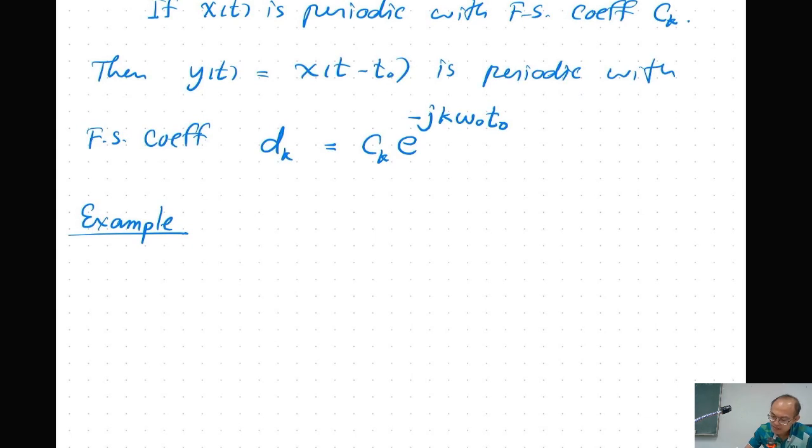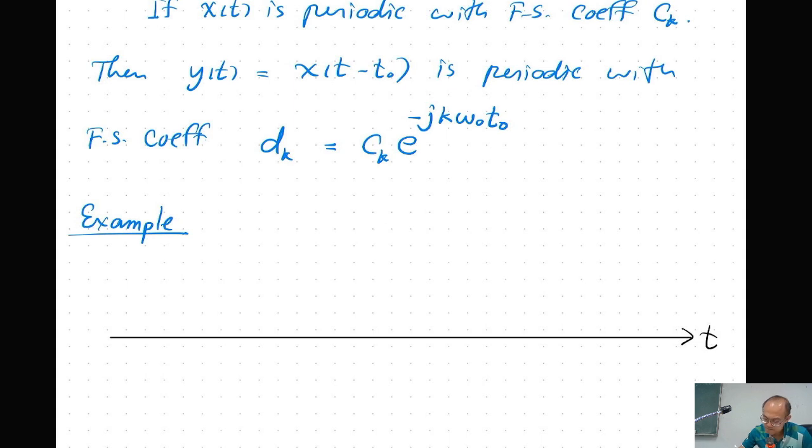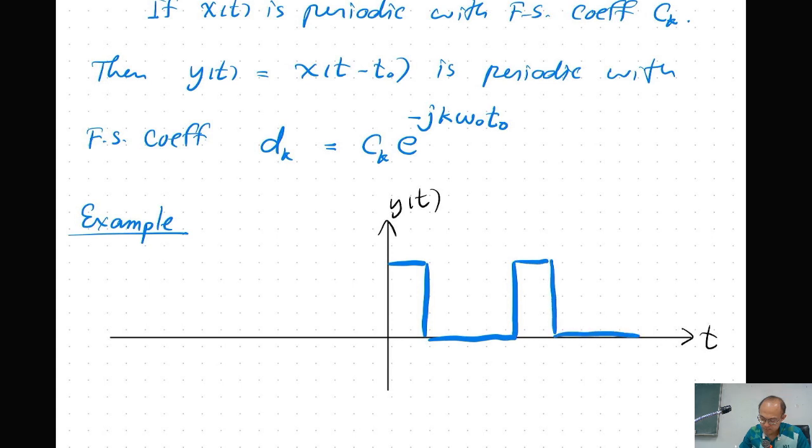If I give you this signal, can you find the Fourier series coefficient?